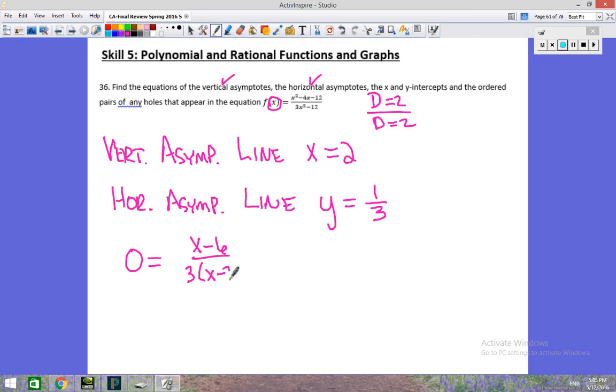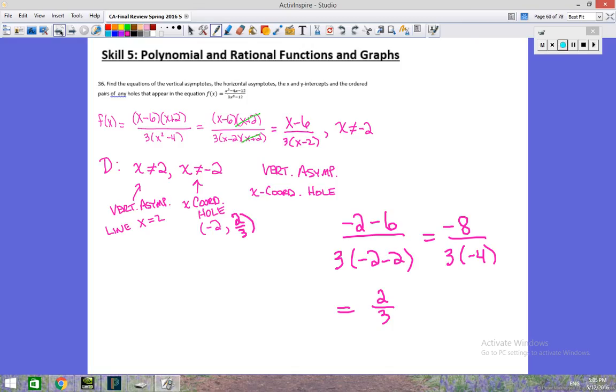I want to be careful. I don't want to accidentally say that one of these values is an x-intercept when it's not even in the domain. There is no corresponding y value, so at 2, there's no point on the graph. At -2, there's none.